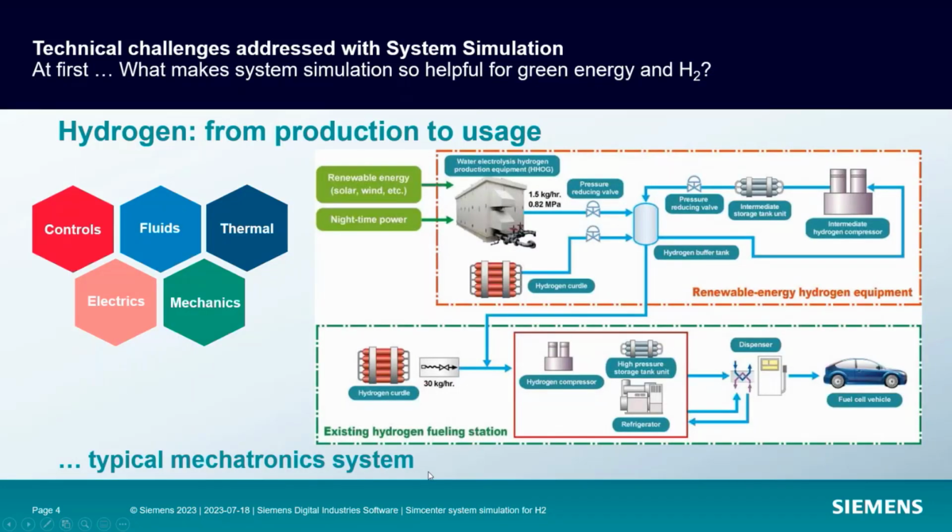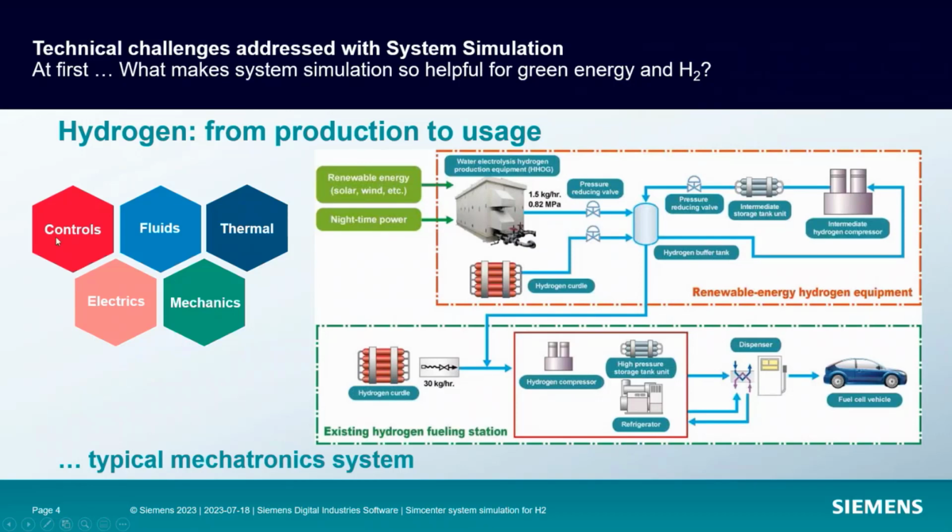Now, regarding hydrogen applications, that's a typical example of application where system simulation is helpful, because, for instance, if you consider the production of hydrogen or the usage of hydrogen in a fuel cell electric vehicle, you will have a combination of physical phenomena: fluid flows, thermal exchanges, electrical components, mechanical ones, and also control.